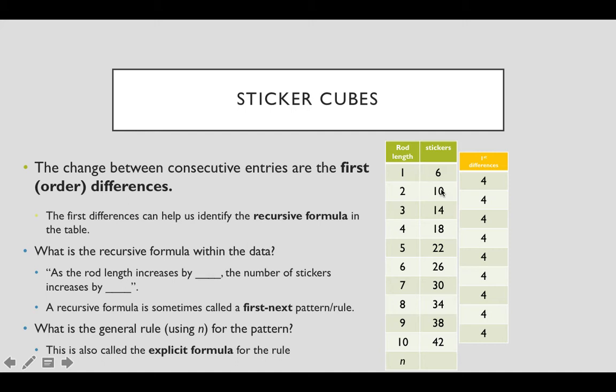And before I added 2, this is really 8. And before I added 2, this is really 12. Now, if I think 1 changes to 4, 2 changes to 8, 3 changes to 12, 4 changes to 16, I can see that my explicit formula for this should be multiply by 4 and then add 2. So if it's n, this would be 4n plus 2.